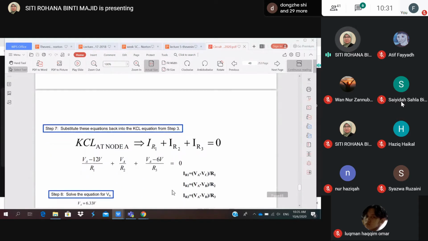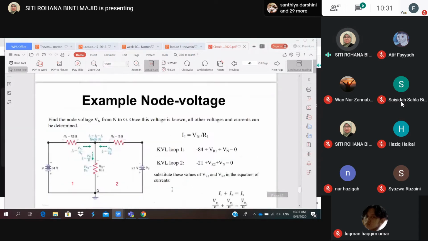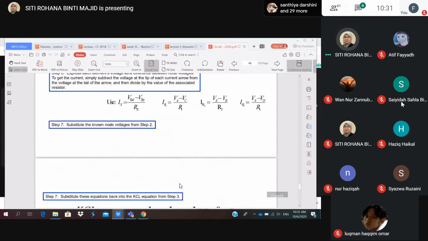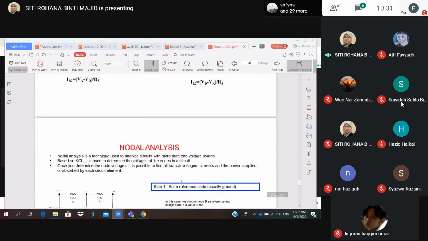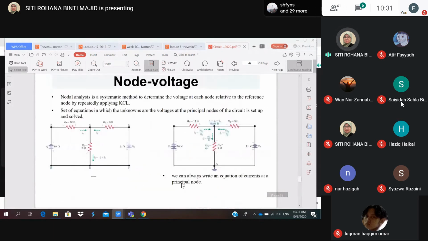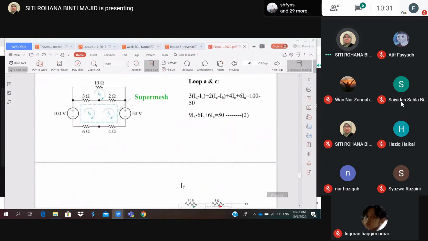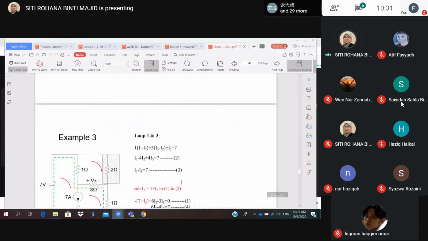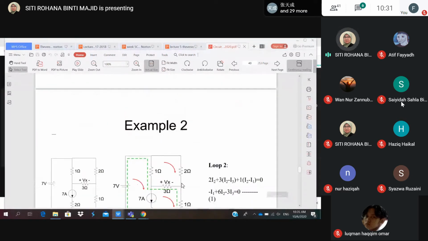So here we will continue with the nodal analysis, which refers to the node. So what is a node? Normally a node is where there is a branch of a current.